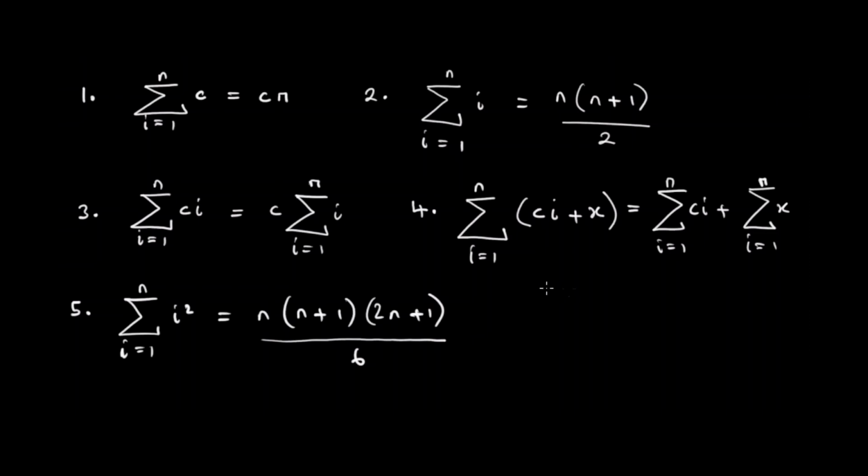Then lastly, for number 6, we learned that the summation from I equals 1 up to n of I cubed is equal to n squared (n plus 1) squared over 4, like that. So summatively, that is everything we have learned today. We have to follow the lesson again to understand it more intimately.